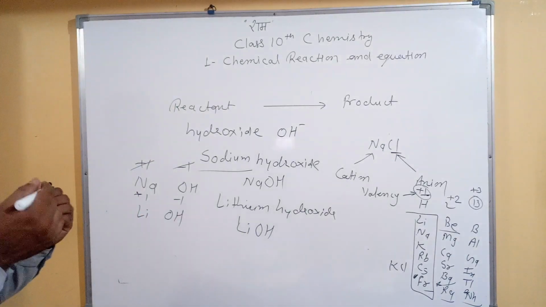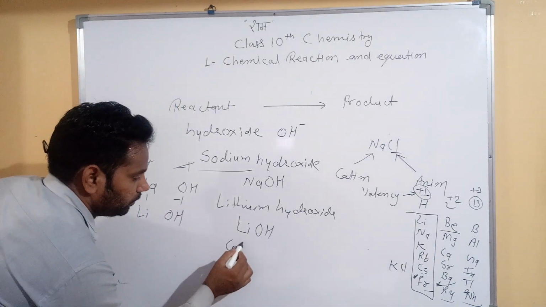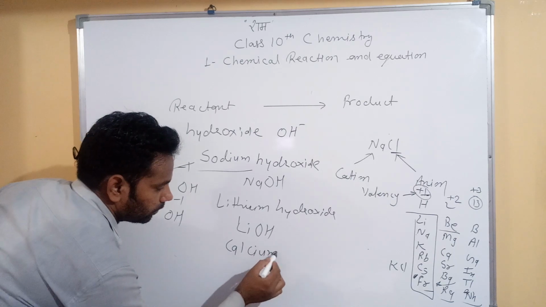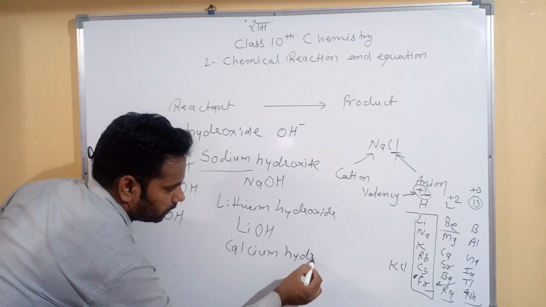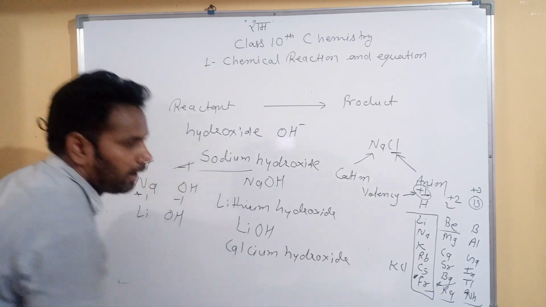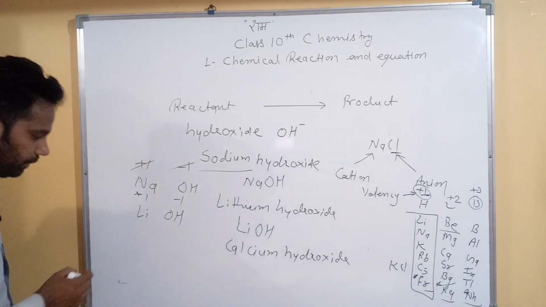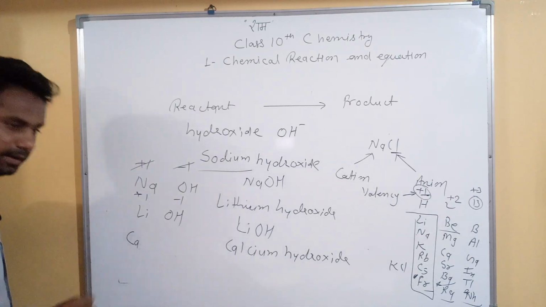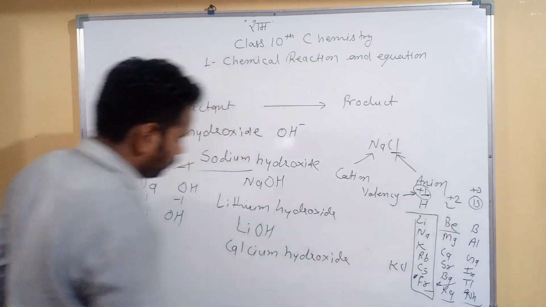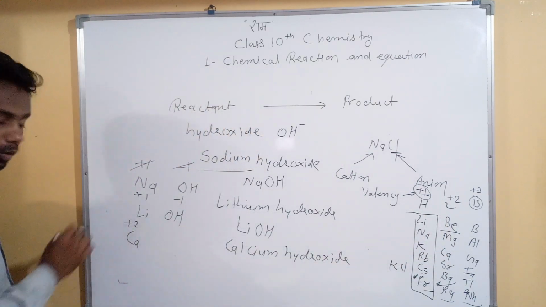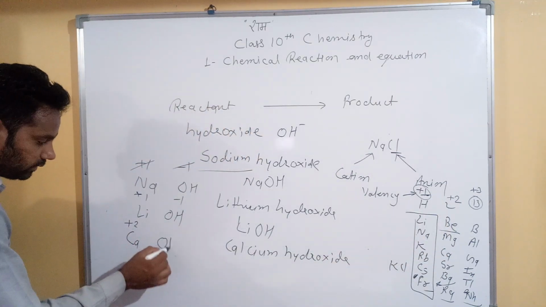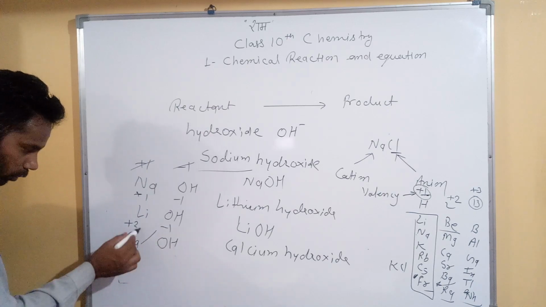If I form calcium hydroxide, what is the formula of calcium hydroxide? Calcium is Ca, its valence is +2. Then OH is -1. So cross multiply.